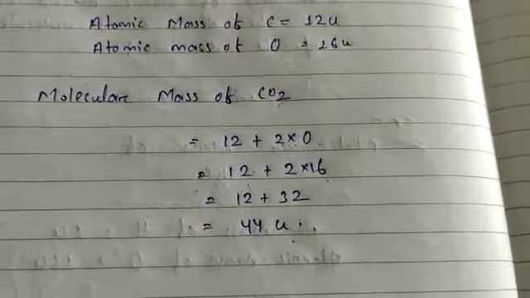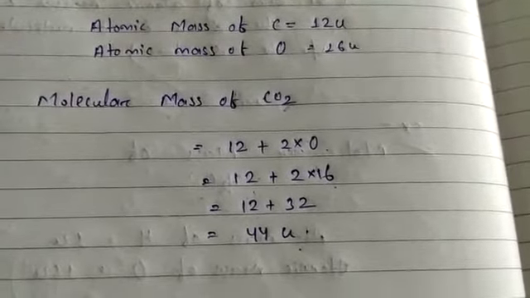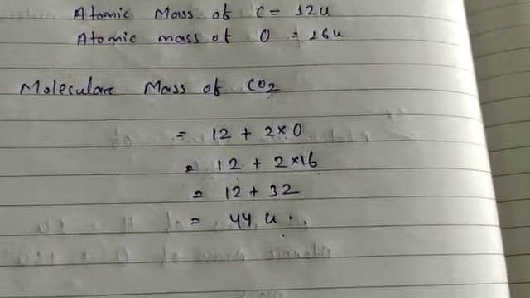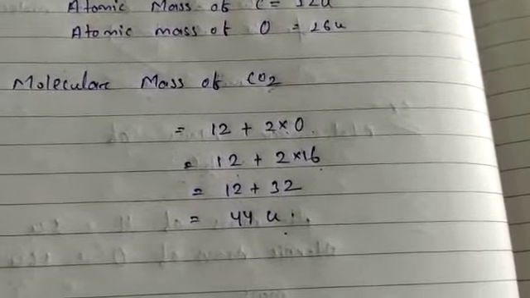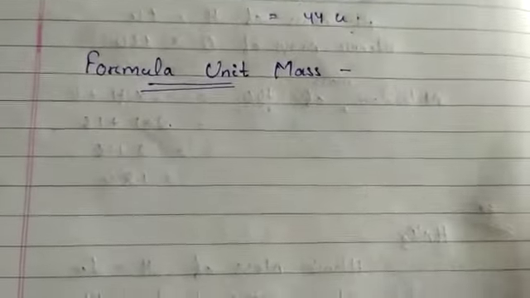Next we will see what formula unit mass is. This was about molecular mass, how to calculate the relative molecular mass. Now we will see what formula unit mass is and how to calculate it. It is also the same as molecular mass.